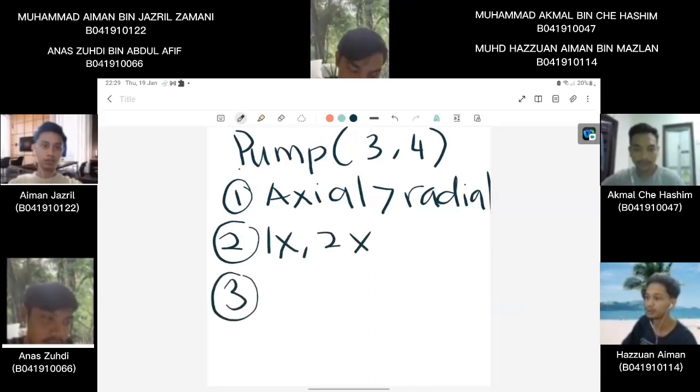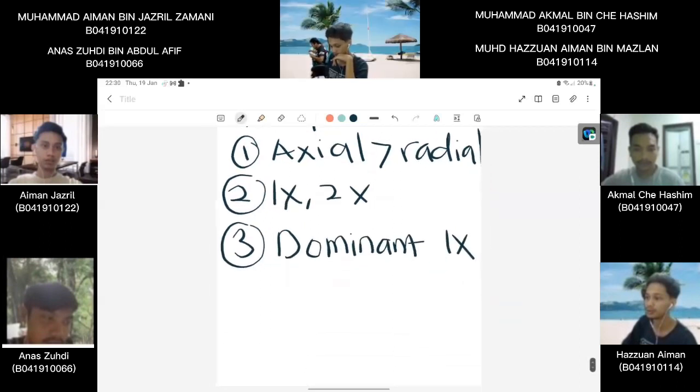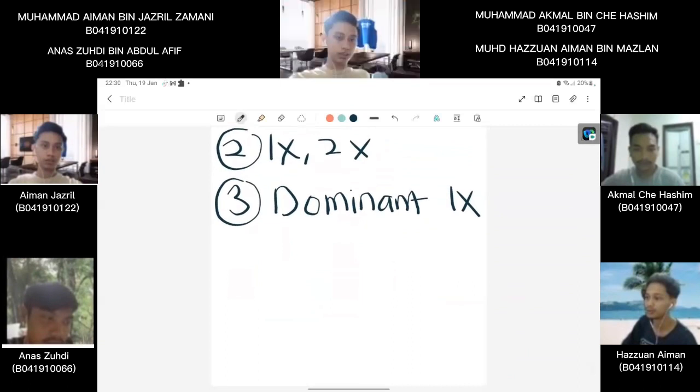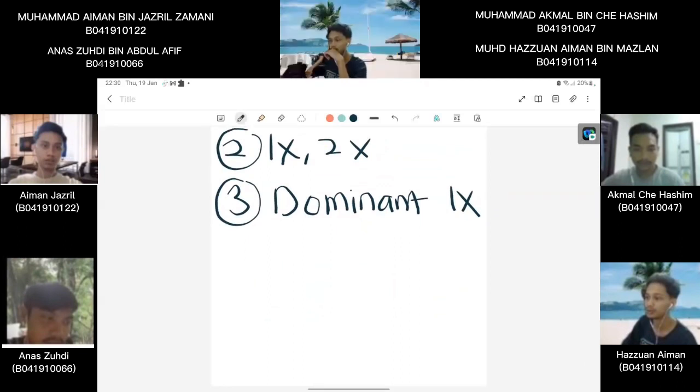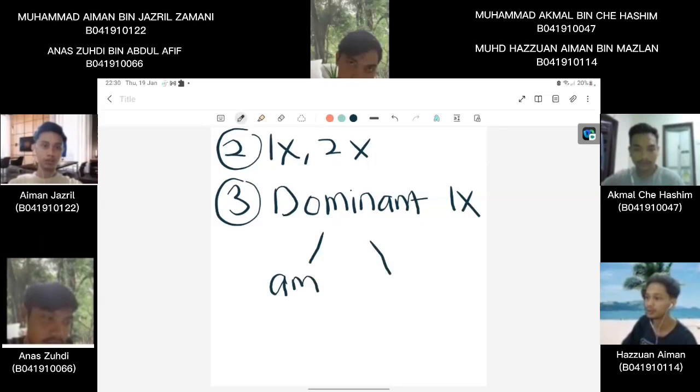And the third is dominant 1x. So there are two possibilities for the fault: bent shaft and angular misalignment.